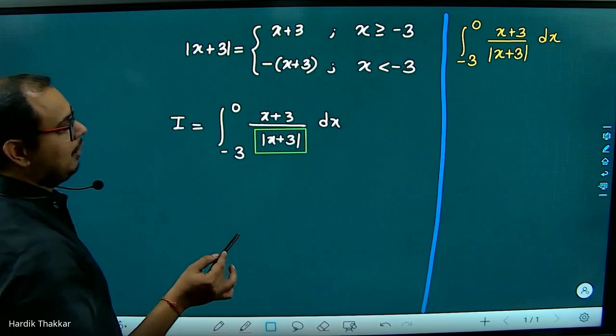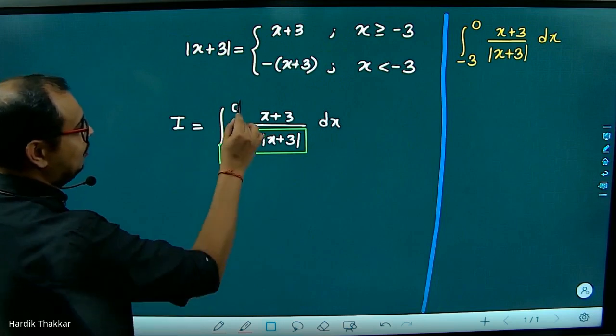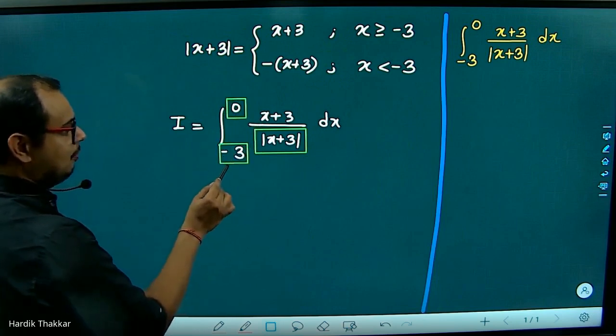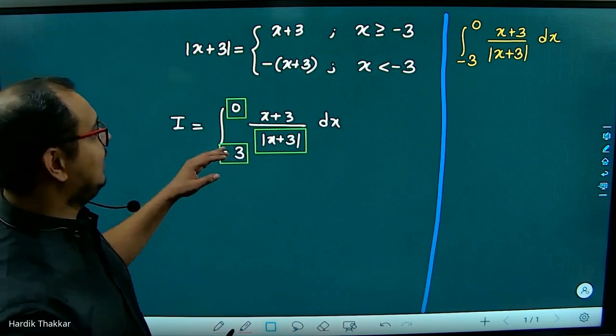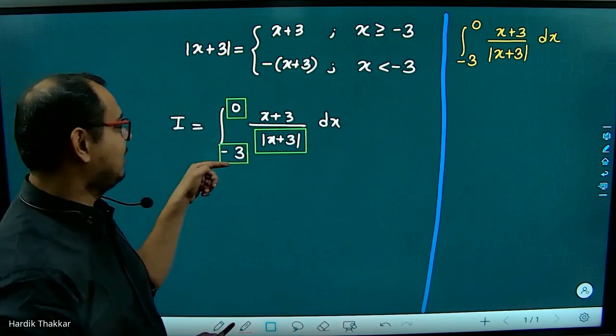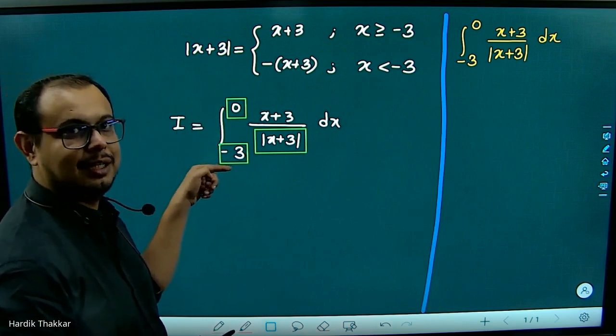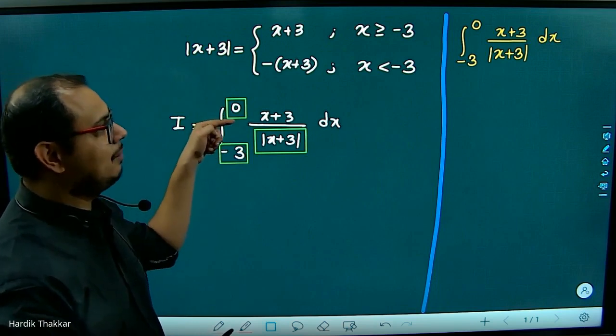Okay. So, when we look at this interval, it is from -3 to 0. X is from -3 to 0. For this interval, x is greater than -3, correct? Because it is starting from -3 and going up to 0. So it means x is greater than -3.